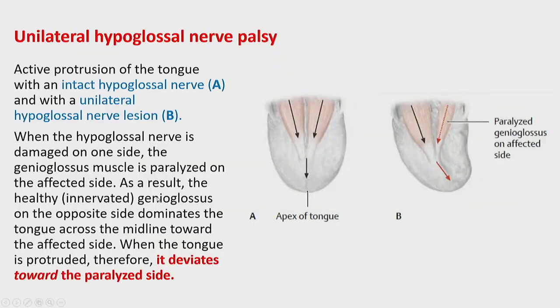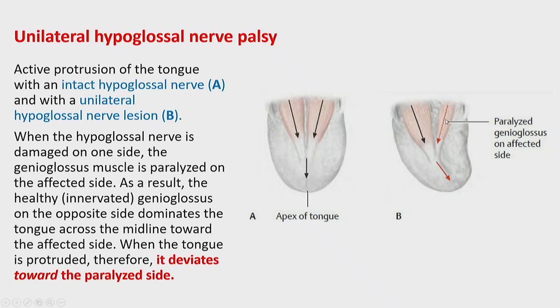This is the slide that shows you the bilateral function of the genioglossus muscle working: the tongue comes out of the mouth in the midline.